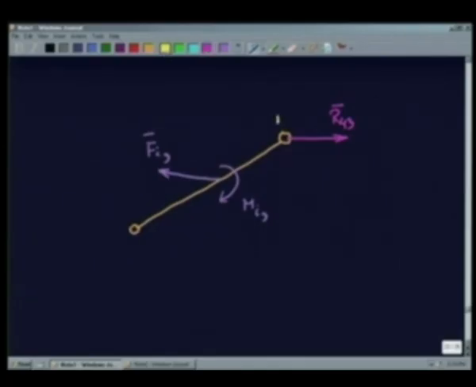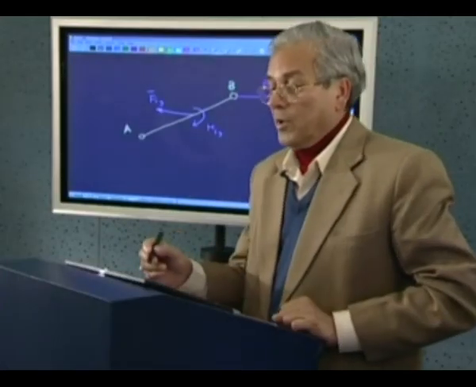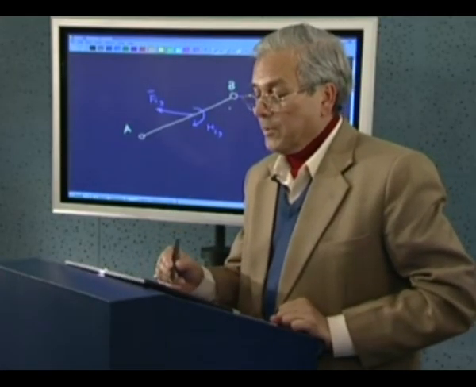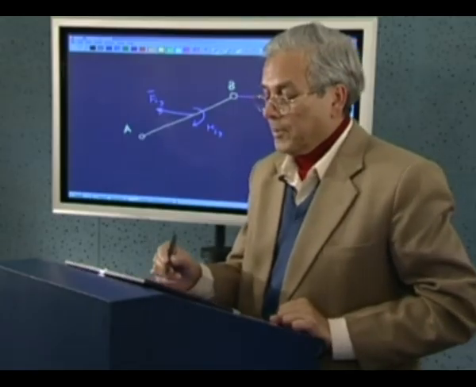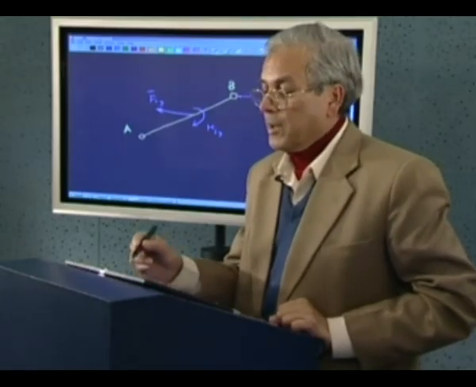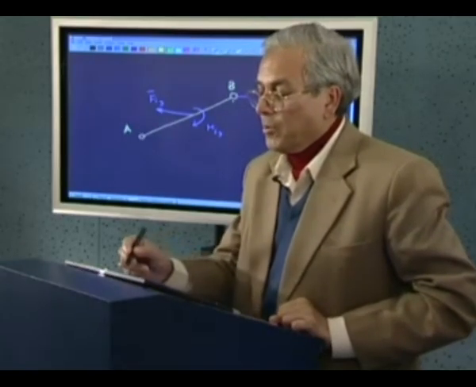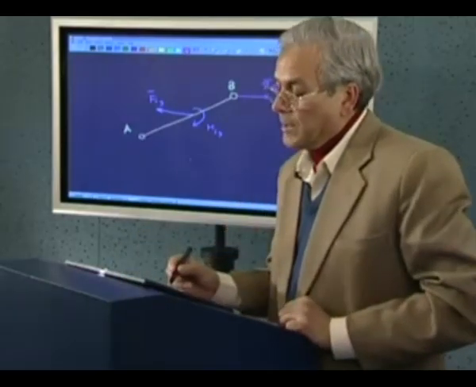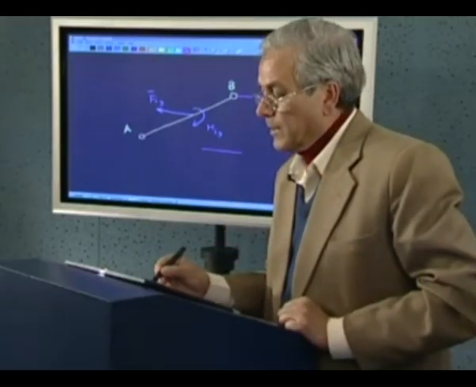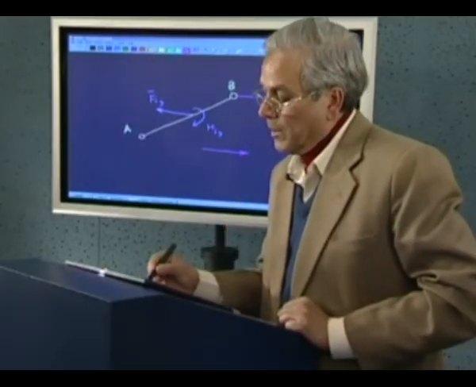This point was B, this point is A. Now our job is to find out the last force which is still unknown on this. Now this can be easily found out because we know that the system must be completely force free. So therefore under the action of this force and this force, its total force should be 0, or we can say that if we add the three forces, they will form a closed triangle.